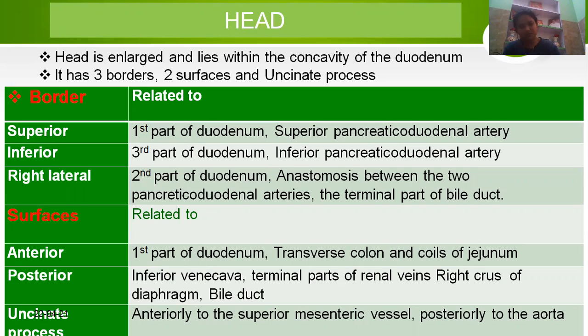The posterior surface is related to the inferior vena cava, terminal part of the renal veins, right crus of the diaphragm, and bile duct. And the uncinate process, which is part of the head, is anteriorly related to the superior mesenteric vessels, and posteriorly to the aorta.